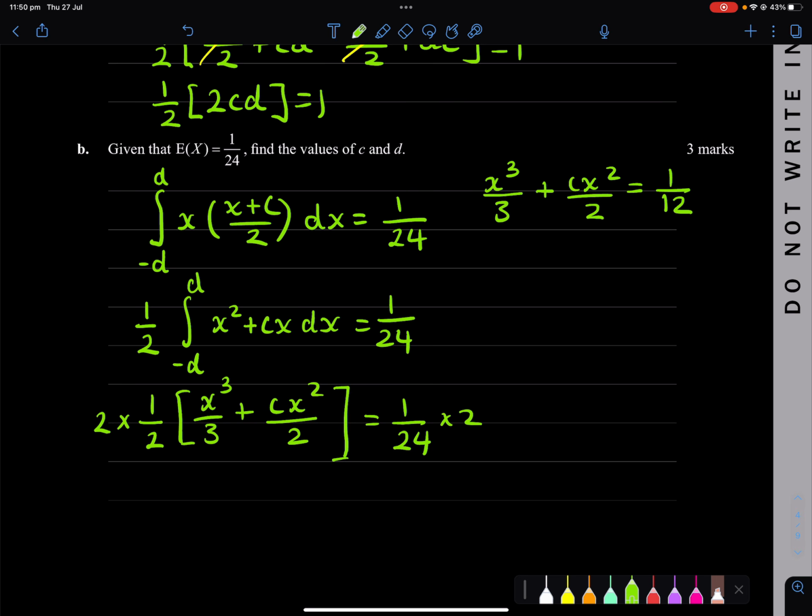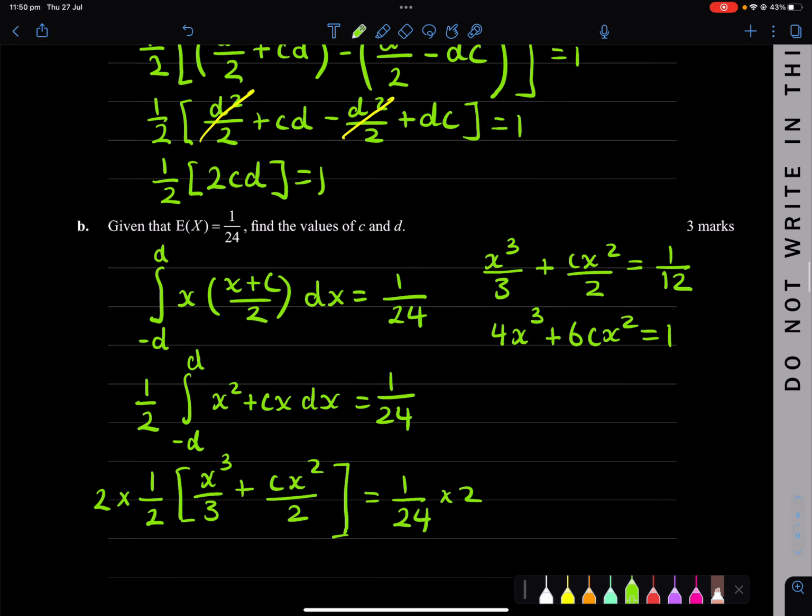What is the common denominator? It's 12. So this will be 4x to the power 3, and if I put a 12 here, it'll be 6cx squared equals 1. And what can we determine?